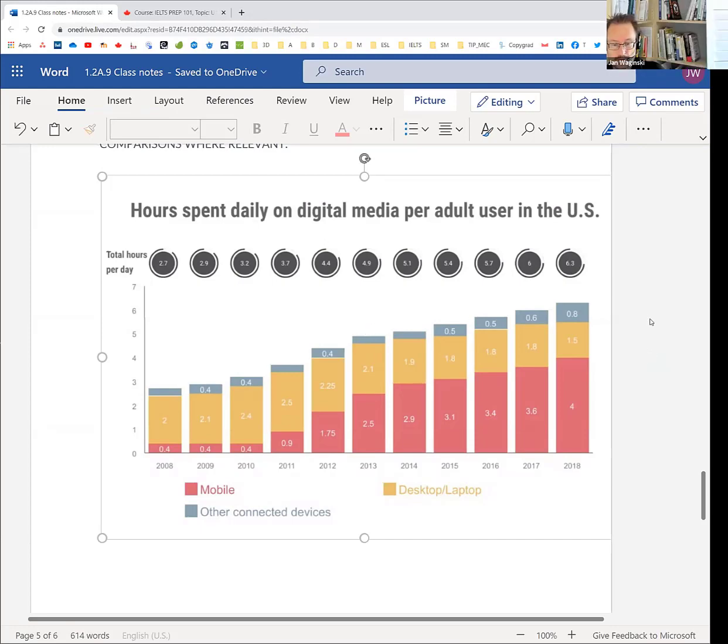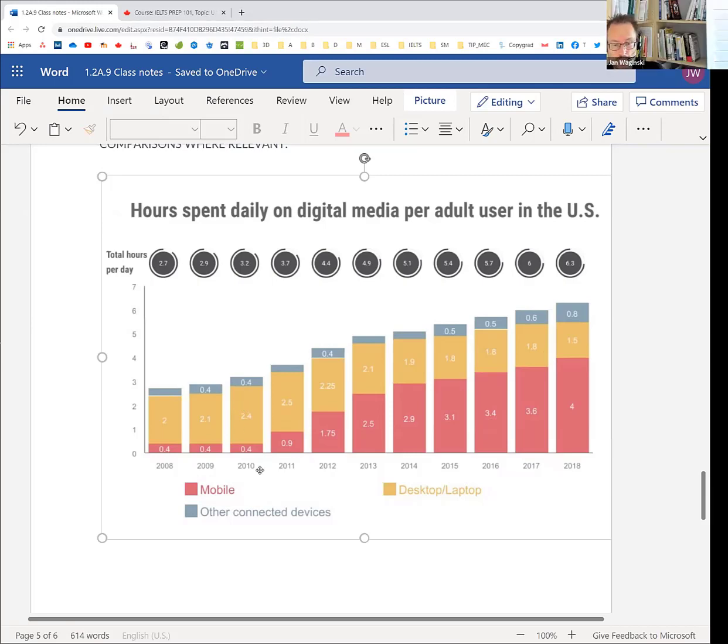Did it increase or decrease or do both? Decreased. Desktop. 2, 2.1, 2.4, 2.5. Actually it does both, because it started increasing and then started decreasing again.